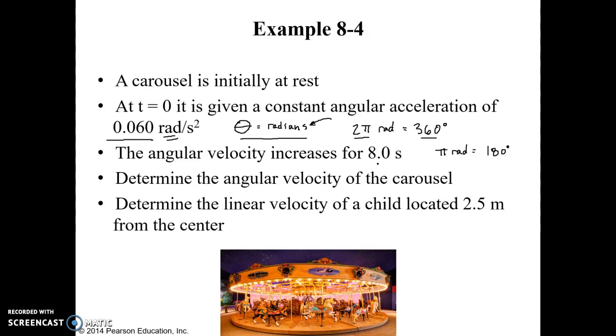The velocity is going to increase for a period of time of 8 seconds. We want to know the angular velocity, so that's omega that we're looking for. And we want to know the linear velocity, so that's v, of a child that is located 2.5 meters from the center. So let's begin.